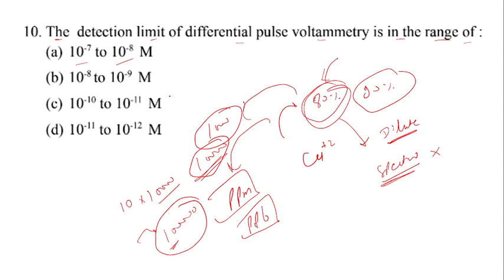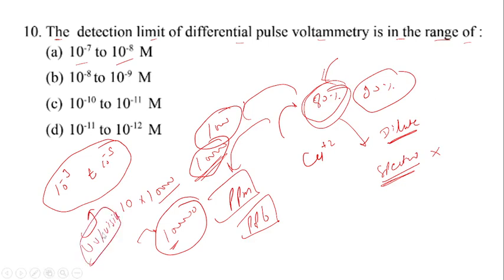So it should be clear what is the concentration of my analyte. If concentration is very low, suppose we already discussed that if concentration is in the range of 10 to the -3 to 10 to the -5, then you can measure by spectroscopy like UV-visible, you can go with this technique.